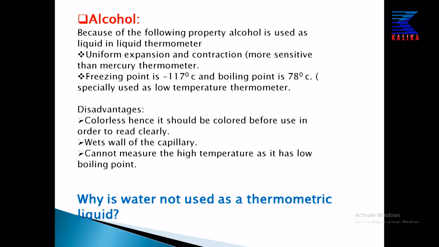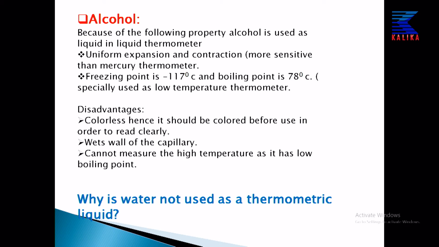So, there is one question: why is water not used as a thermometric liquid? Think a while. Its answer may be, first of all, it does not show uniform expansion and contraction on heating. In higher classes you will learn about the anomalous expansion of water.